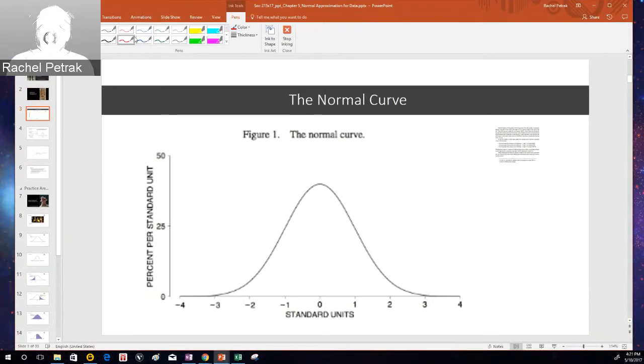If you look at the center, which is 0, you can see that it's the same on both sides. A skewed distribution, which we discussed previously, has a long tail to one side or the other. It is not symmetrical.